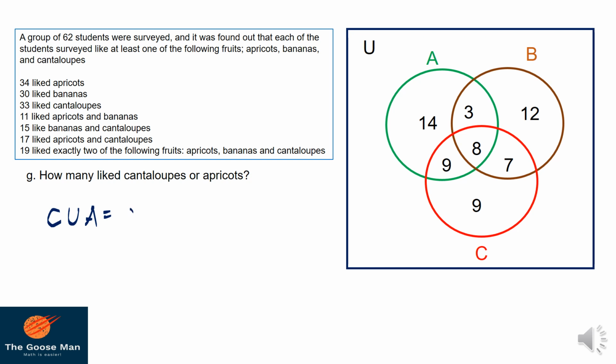So 9 plus 8 plus 7 plus 9, plus the elements of the apricots. We already have 9 and 8, so we don't need to write them again. So simply add 14 plus 3. And the answer is equal to 50.